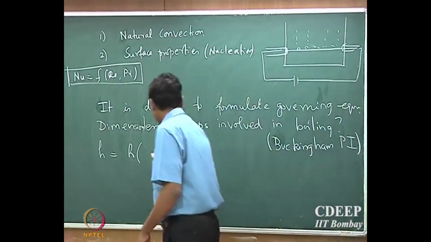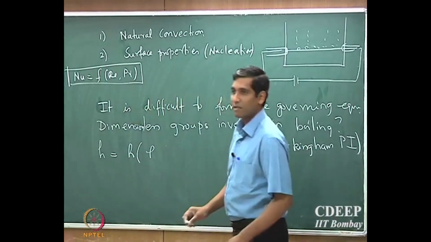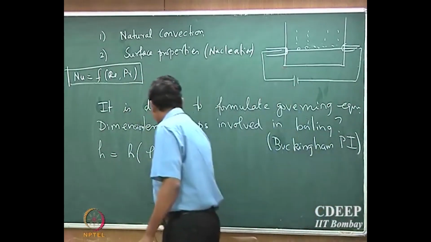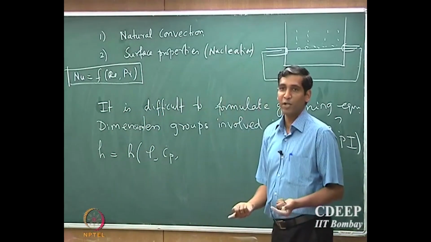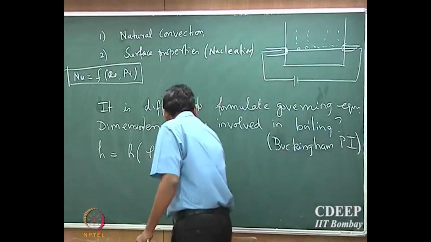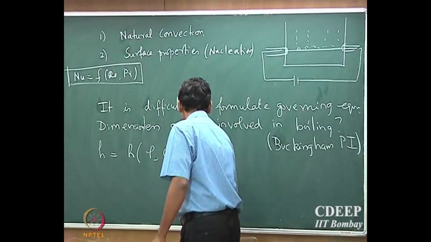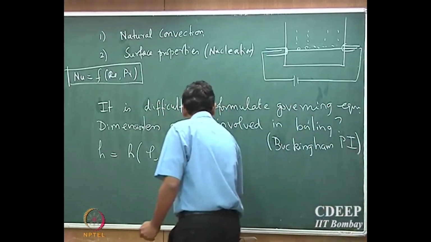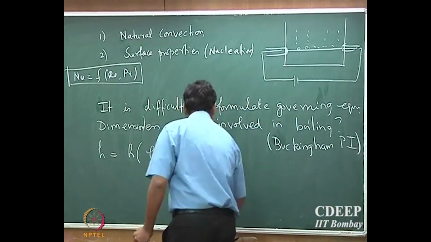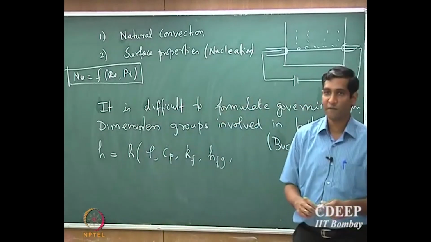Density, Cp, the heat capacity which tells you the sensible heat that the fluid is going to take, conductivity, Kf, and latent heat. Hfg is the latent heat of vaporization of the fluid.